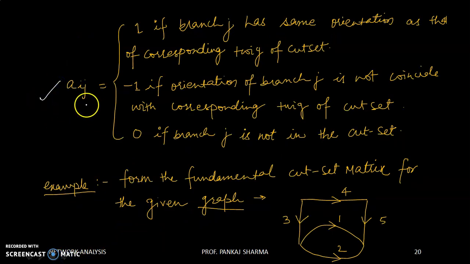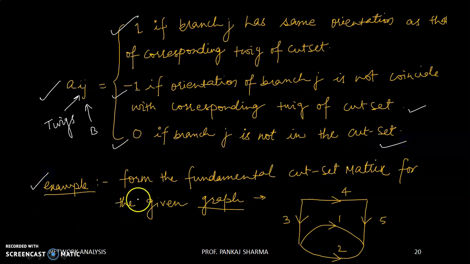J represents the branch and I represents the twigs. The Aij value will be 1 if branch J has the same orientation as that of the corresponding twig of the cut set. Aij will be -1 if the orientation of branch J does not coincide with the corresponding twig of the cut set. The value of Aij will be 0 if branch J is not in the cut set.